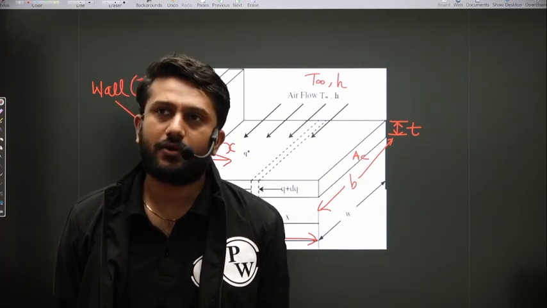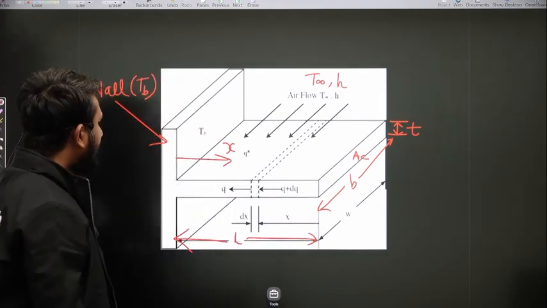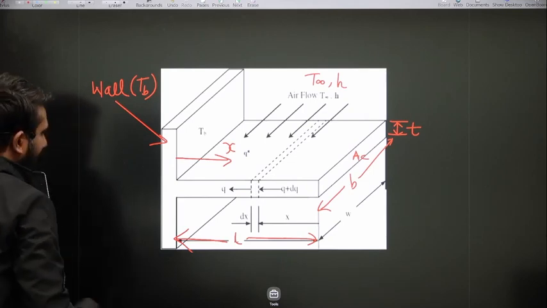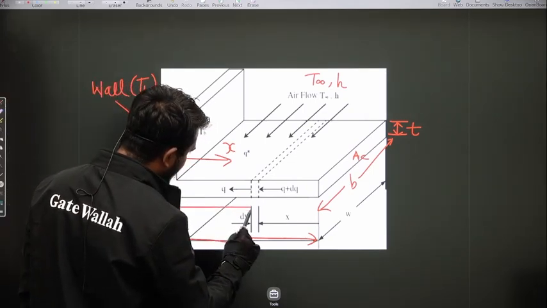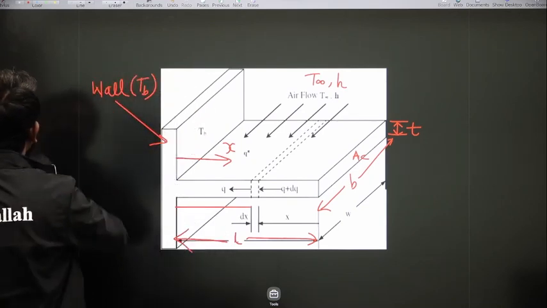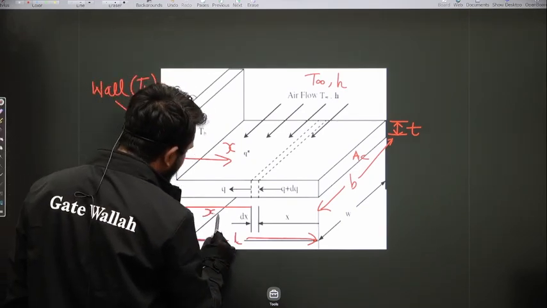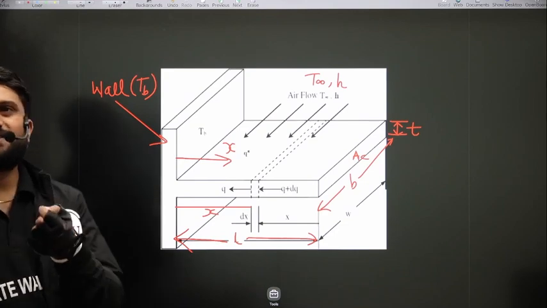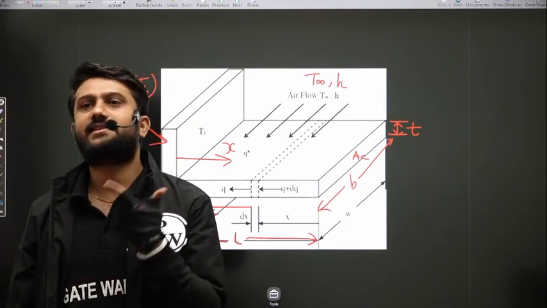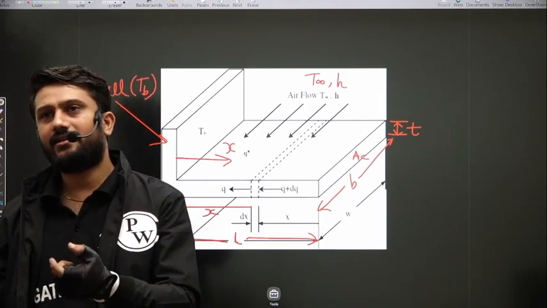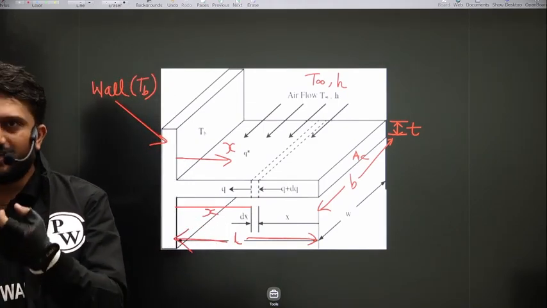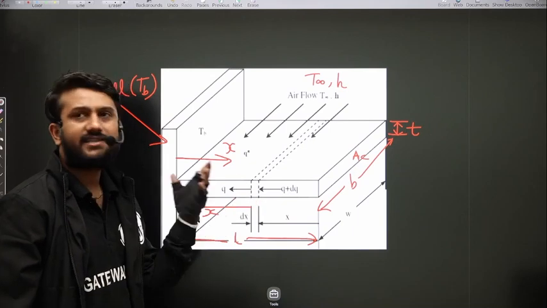Energy balance for what? Energy balance for this small element. At a distance x, I am considering a small element of thickness dx, right?